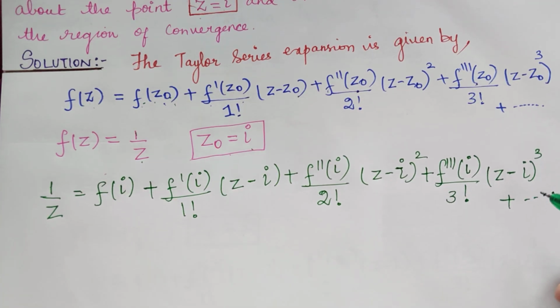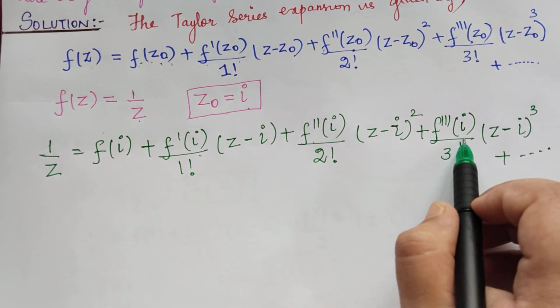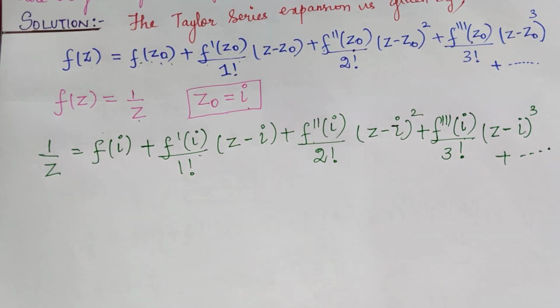This goes on. Now we shall find f of i, f dash of i, f double dash of i, f triple dash of i, and substitute here.